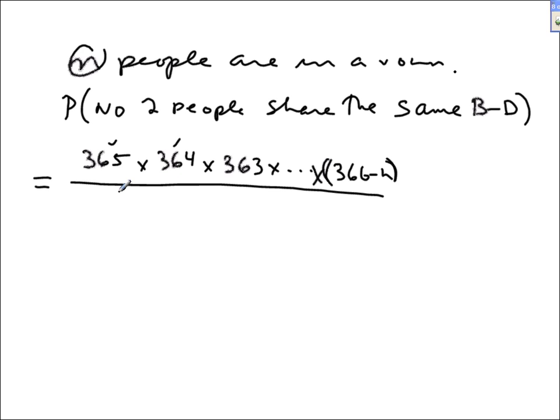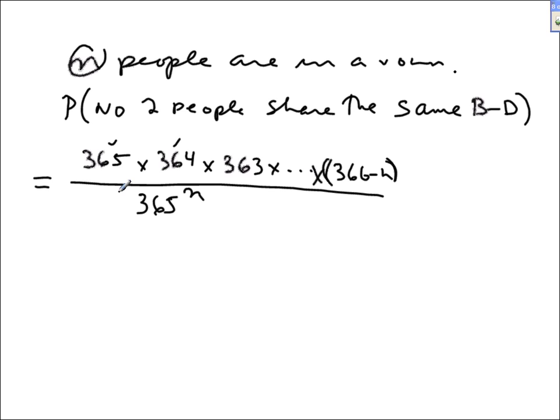You have n people in a party. The first person can have their birthday in any one of the 365 days, no leap year. The second person can have their birthday in any one of the 365 days. It's basically 365 to the n.